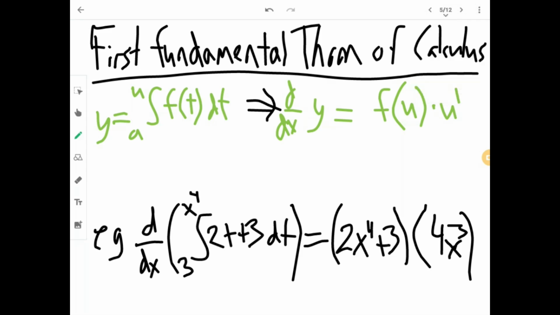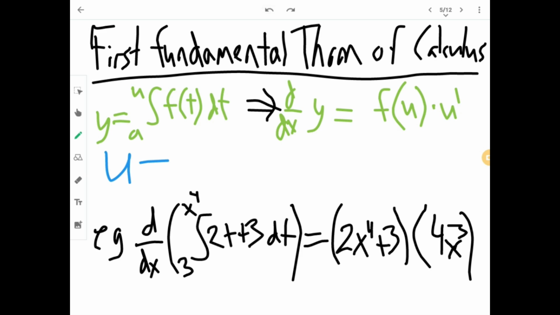Okay, so continuing with 5.3, the first fundamental theorem of calculus. This states that for the integral of f of t, where you have a parameter from a to u, it can be anything, like x or x squared, but I used u instead of x so you know what to do when you have something whose derivative is not 1.